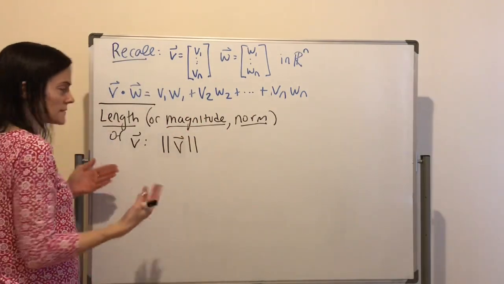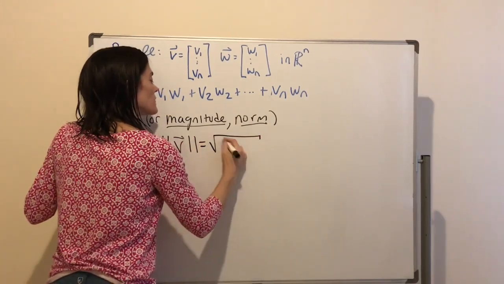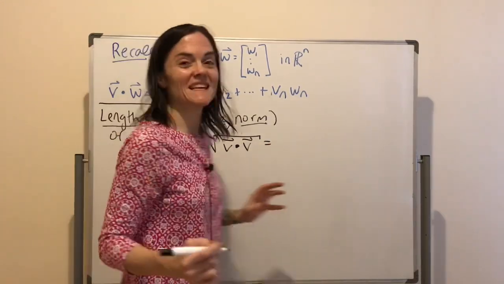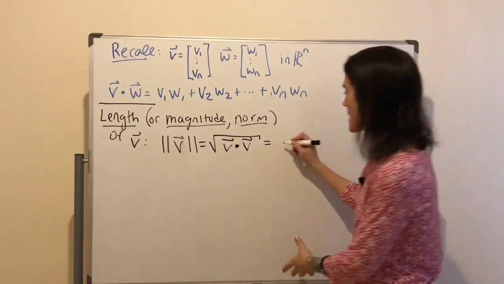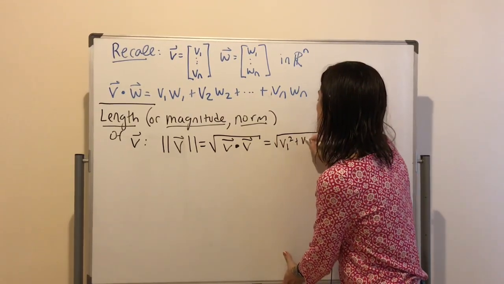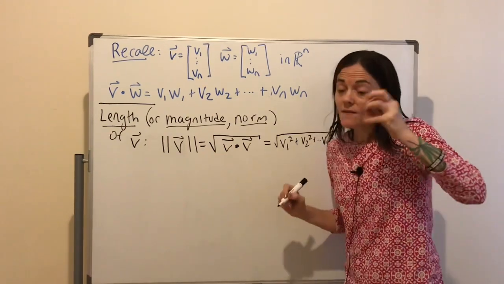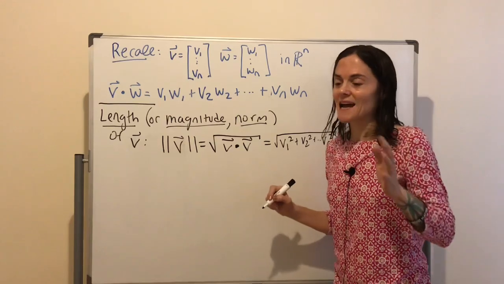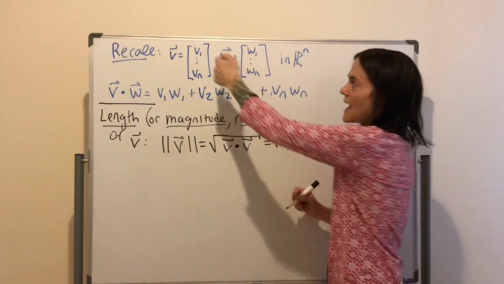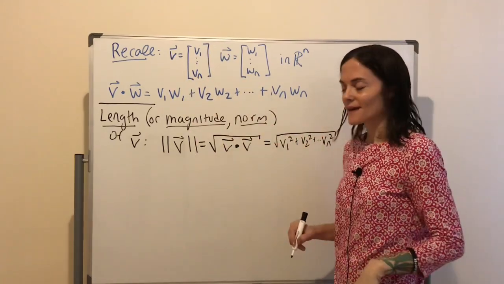And this is the square root of V dot V, or we just take the square root of V1 squared plus V2 squared out to Vn squared. This is the length of a vector, and if you think about the vector as an arrow starting at the origin and ending at the point, this is exactly the length as you would measure it in Euclidean space.